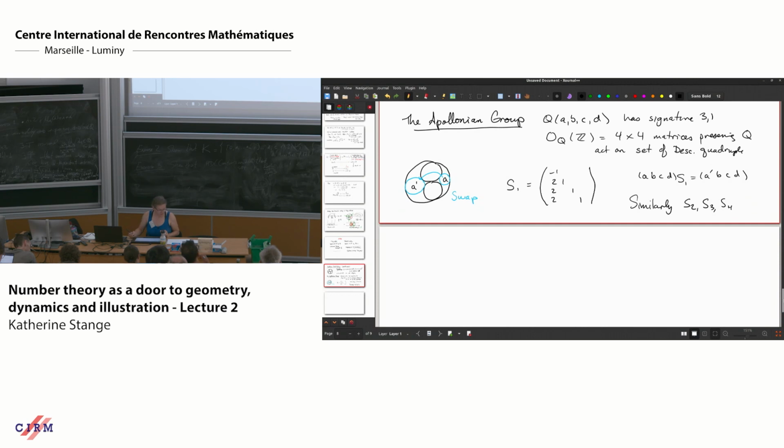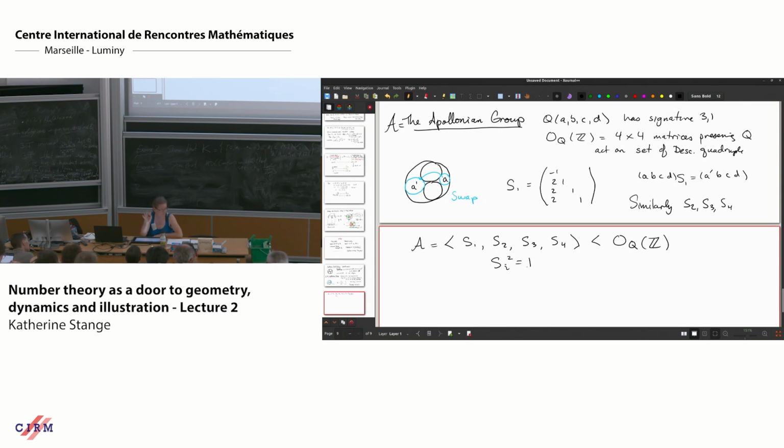Okay. So this Apollonian group, so we'll call this curly A, okay? It's going to look like generated by these things. These are each inversions. They have order 2, and there's no other relations. So the actual presentation is just this.